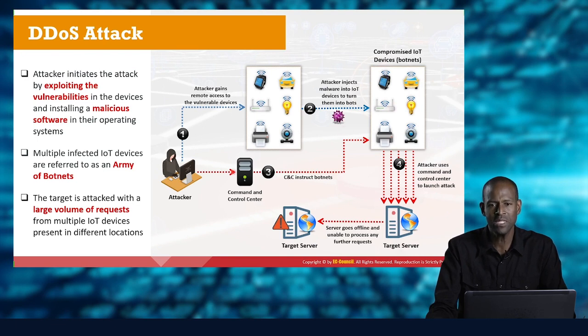And then when it comes time for the attack, the attacker using their C&C server says, botnets on the march. And they send a huge number of packets against a target server, causing that service to go down. So a lot of times in history, you have seen IoT used in distributed denial of service attacks, bringing down some major services.